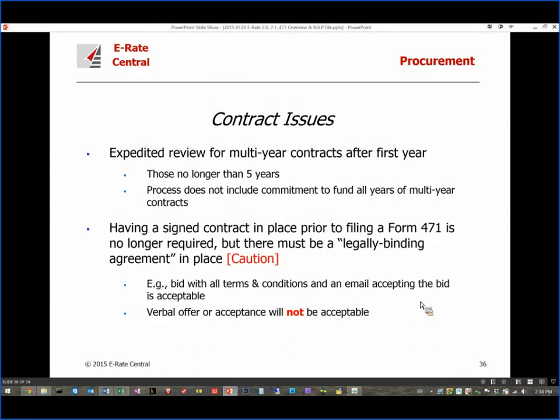One of the pieces of guidance that was in the 2.0 order was that you did not have to have a signed contract in place prior to filing a Form 471, but it had to be a legally binding agreement, and then they identified what might and might not be.